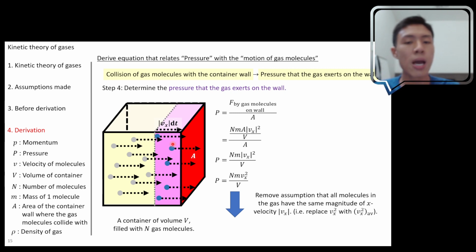That's the problem. But at the end of the derivation, we see that there's a square here. So if you have -5 and +5, when you square them both become positive, and if you replace this value with an average, you won't get 0, because the squared value must always be positive.